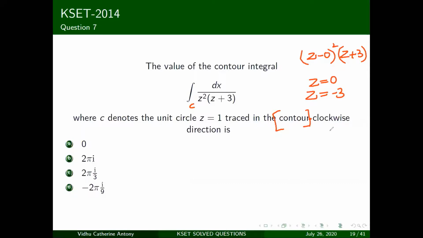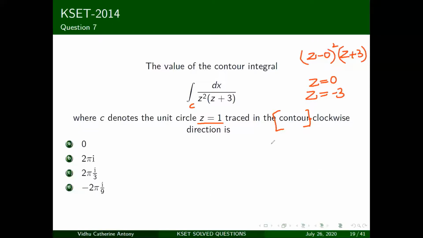So that's why this question was given full marks. It should have been counterclockwise direction. Then you could have had a particular answer in this set, but the spelling mistake and all these concepts that came up confuse people. So this is a question which was given marks as a result of that.